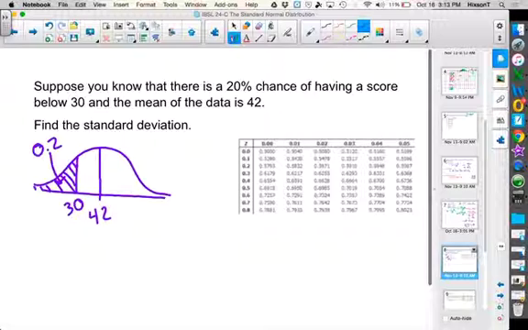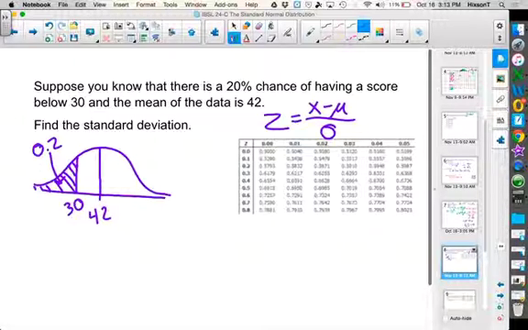Now, just from the picture, what do we know about the z? The reason I'm talking about Z here is because we know the mean, we know the score, we want the standard deviation. The only equation that puts all those together is Z equals X minus mu over sigma.